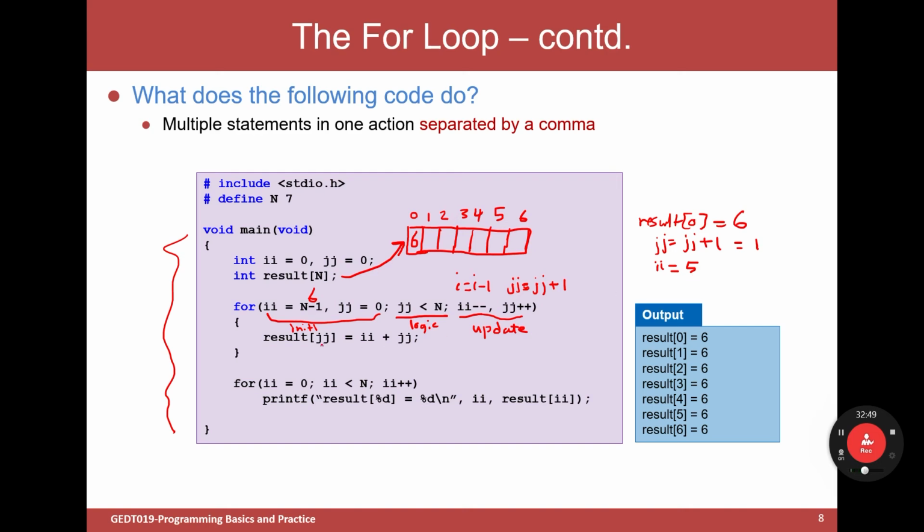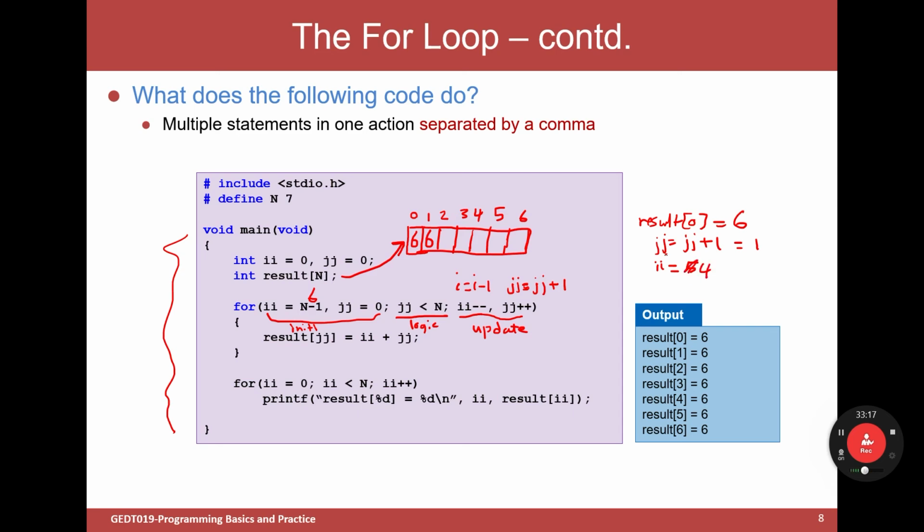Then, result 1, that means this guy, is equal to 5 plus 1, which equals 6. So this guy also contains 6. Then after that, what you will do is ii minus minus. So ii minus minus will become what? This one became what?